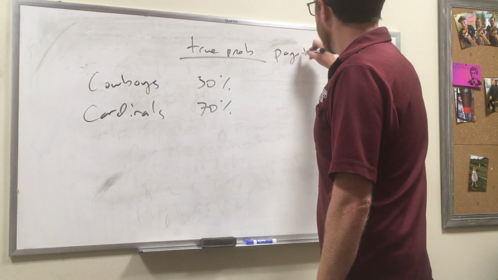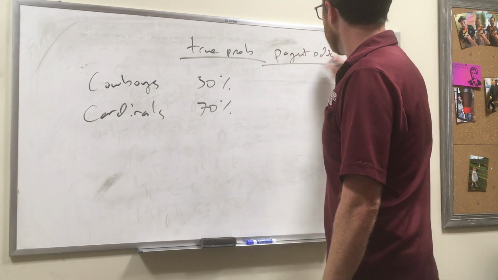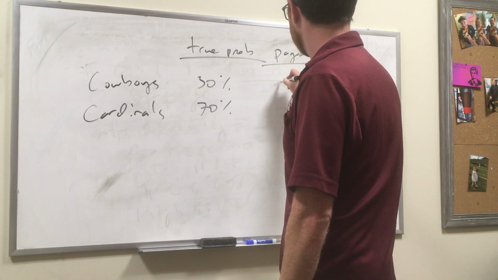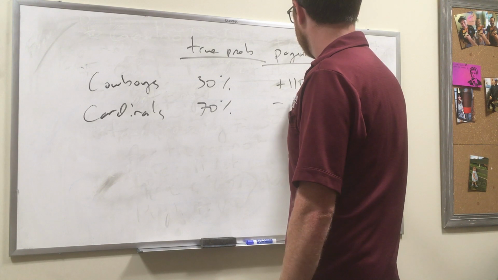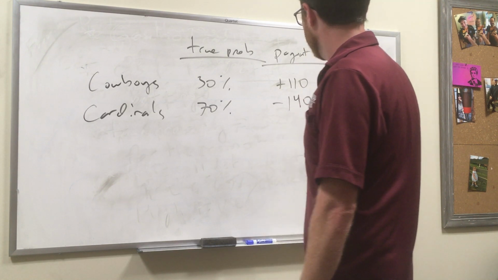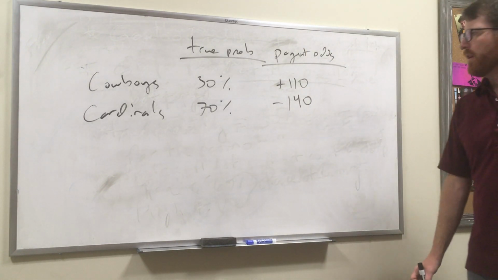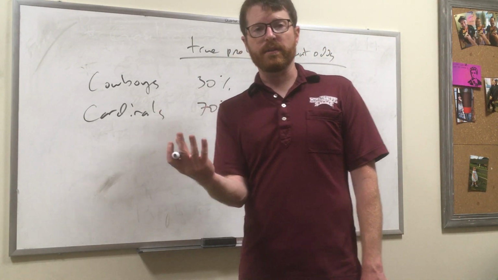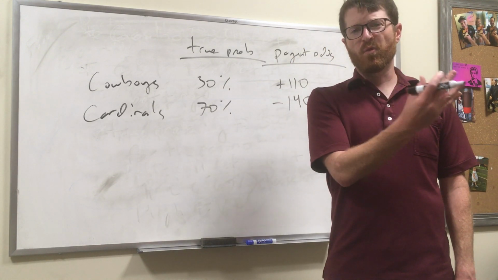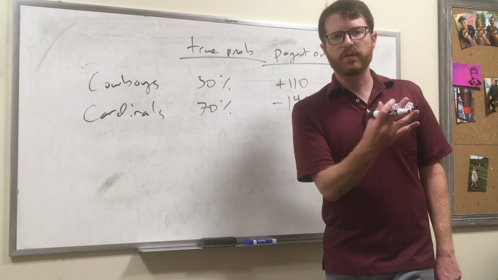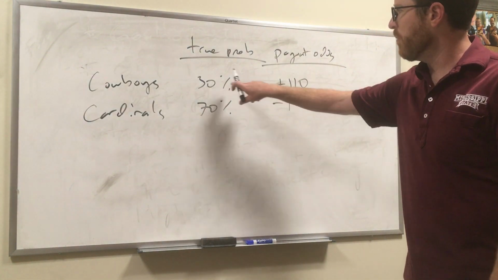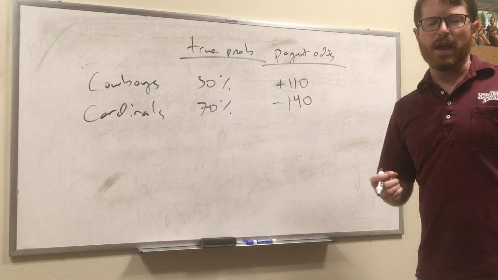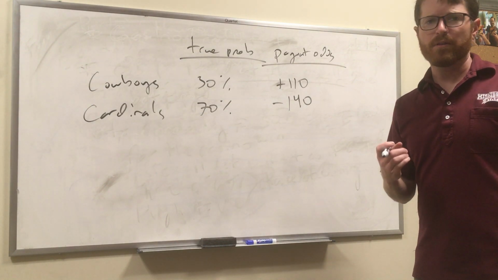So what you might do with your payout odds is you might set it to something like that, okay? You're kind of towing the line between what the public is expecting and what you really expect the true probabilities are, okay? The true probability of the Cowboys winning is 30%, but you're paying them out here at a greater probability than that because the public is going to be betting on the Cowboys, okay?